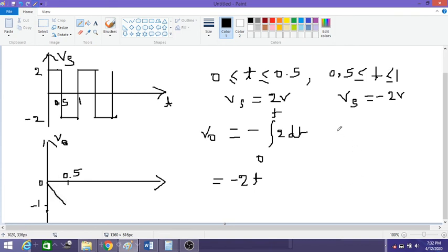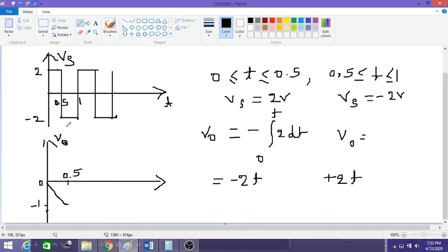Likewise for this case V0, when we integrate, sorry, it is a plus t we will get, because it is minus of minus. So when you integrate, we have to keep adding this value to get the value.